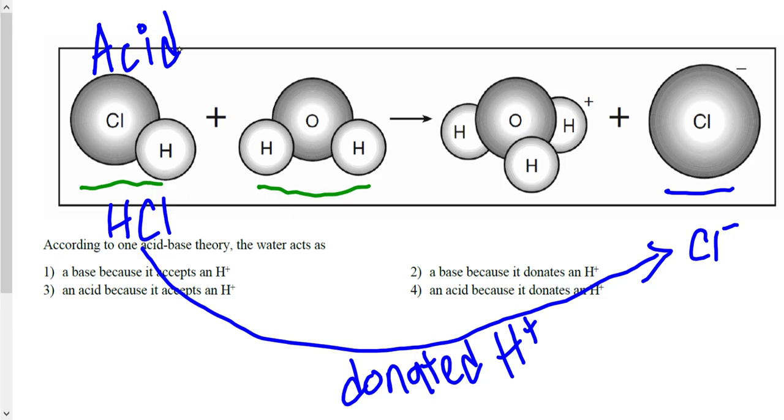Now, let's focus on water. What happens to water? We had two hydrogen and one oxygen. And what happened to water afterwards? After this reaction, after this arrow sign, now I have three hydrogen with one oxygen and a positive sign.